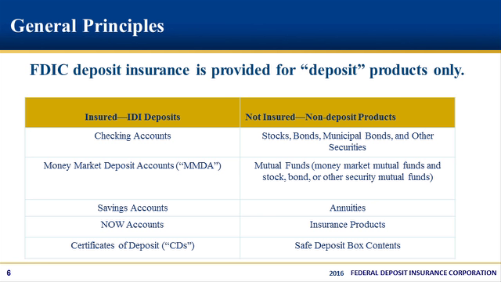The chart on the left shows examples or types of deposits which are insured by the FDIC, including checking accounts, money market deposit accounts, savings accounts, NOW accounts, and certificates of deposit. The chart on the right includes examples of products that may be purchased from a bank but are not insured by the FDIC.